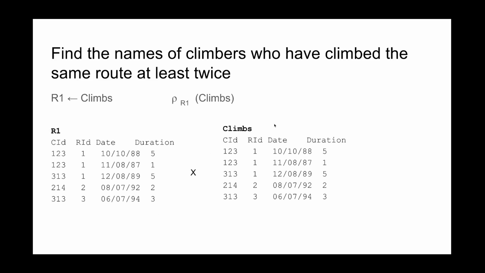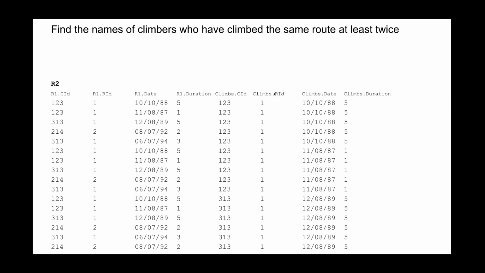We are going to do this. This one, rename it, join it with climbs. Why? Because if we do this, we're going to have this result where we can differentiate between R1 RID and climbs RID. If we don't rename this one, both are going to be called climbs RID, and we are not going to be able to know what column we are talking about.